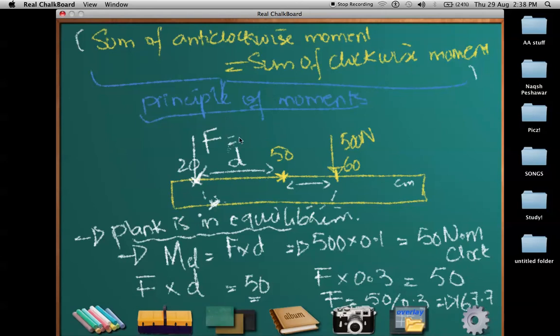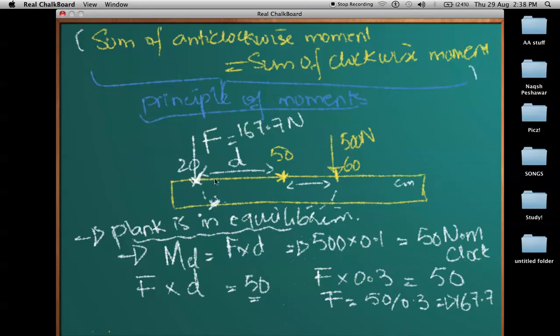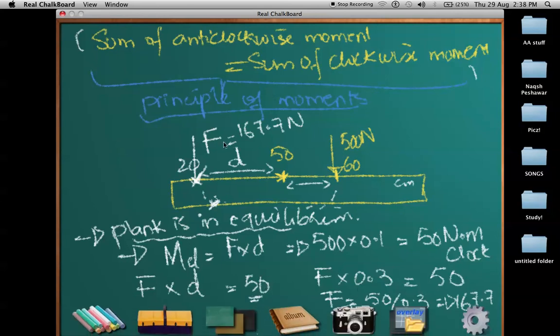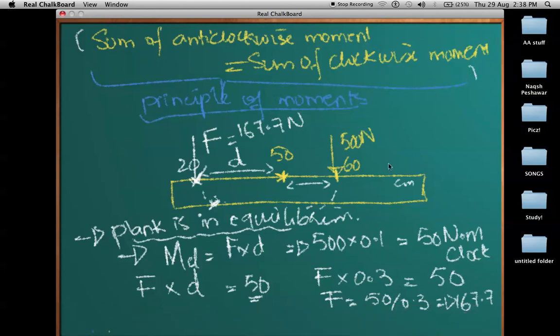So a force of 167.7 newtons at a distance of 30 centimeters from the pivot would give you an exact value same as that of a force of 500 newtons that is applied on the 60th mark. And because of this, if you just multiply it again, you will get 50 Newton meter in the anti-clockwise direction. The sum of anti-clockwise moment would be equal to the sum of the clockwise moment, and so it would be in equilibrium.